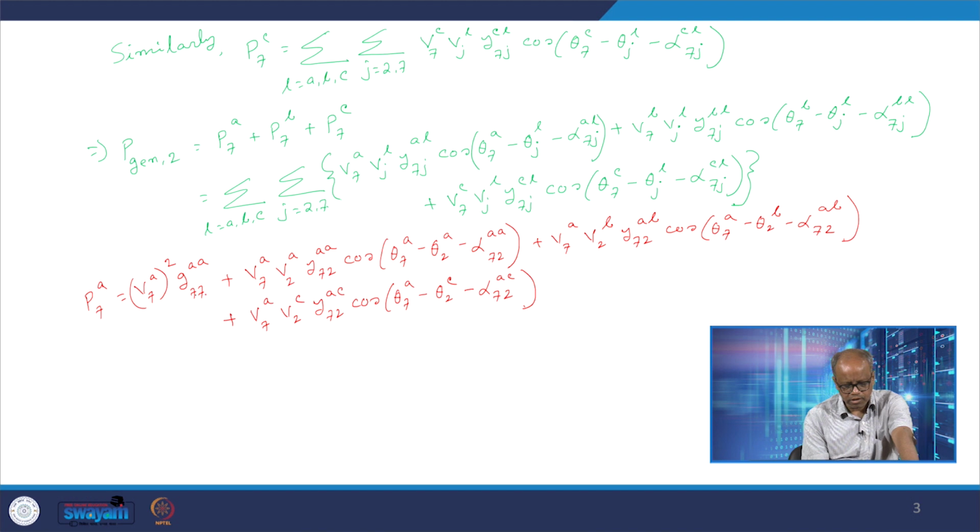So now we have already taken J equal to 7 and L equal to A.